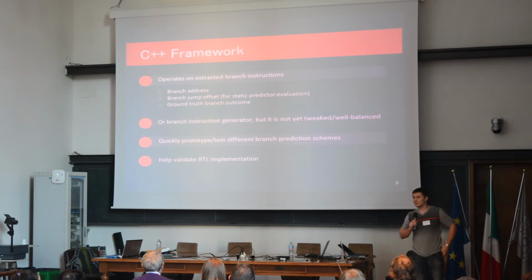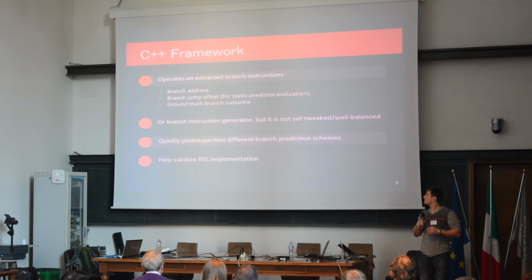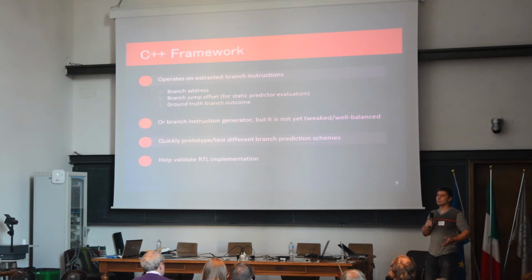So we decided to implement a C++ framework to be able to quickly estimate a certain branch predictor's hit rate, and also be able to explore the huge design space, and as a bonus to check the RTL implementation.